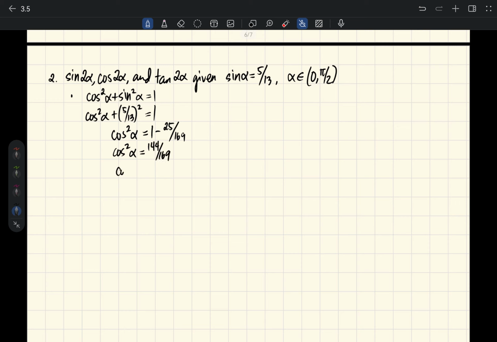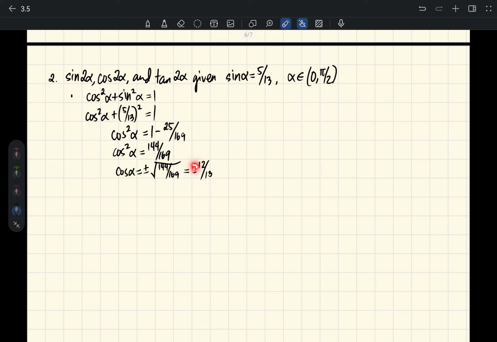And finally, cosine alpha equals plus minus square root of 144 over 169. How do we obtain again the square root of fractions? We can just obtain the square root of the numerator, then divide it by the square root of the denominator. So square root of the numerator is 12, so you have plus minus 12 all over the square root of 169 equals 13.